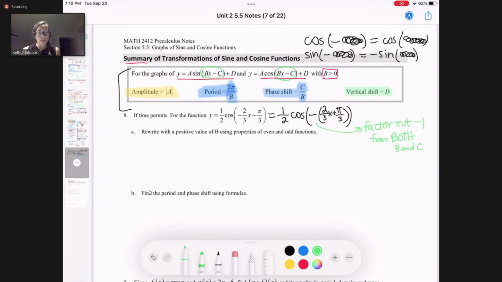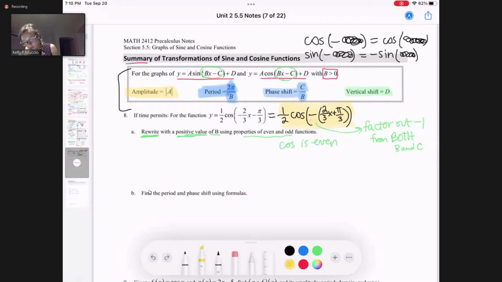Okay, so once we do that, now we can rewrite with a positive value B using the properties of even and odd. So cosine is even. Therefore, I'm going to write this same equation here, but without the negative there.